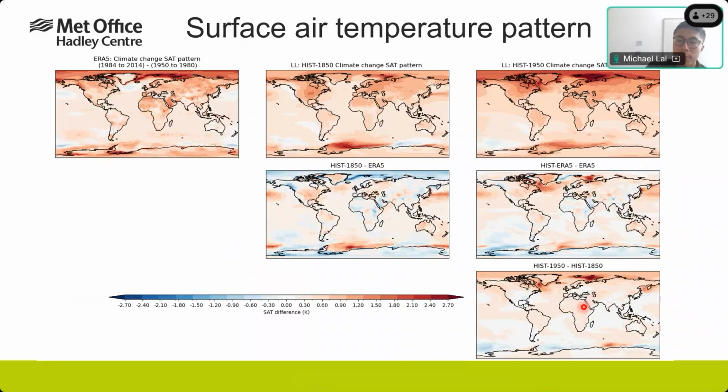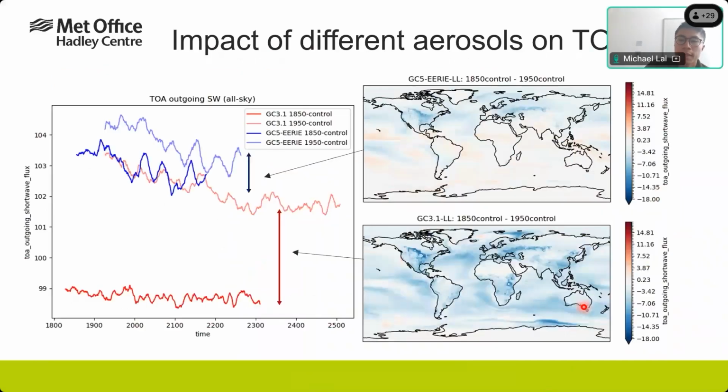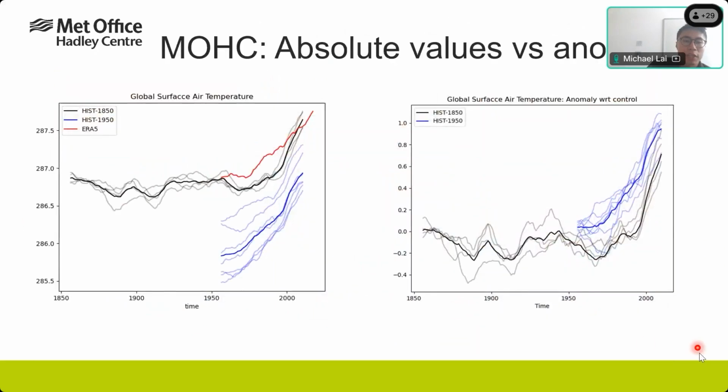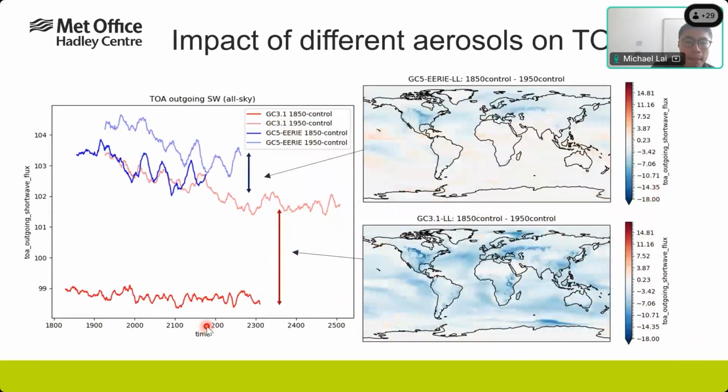And so, moving on. The second question we looked at was, why was there such a big difference in the absolute value here? Why is there such a big difference in the two runs when the only thing that's different is the experimental protocol? This figure shows the TOA shortwave. Spoilers, it's the aerosol difference that caused this big difference in the absolute value.